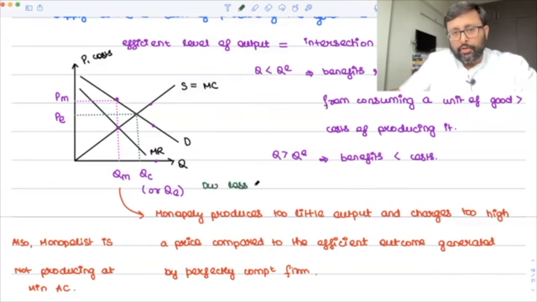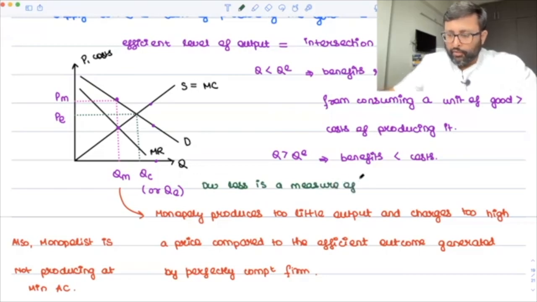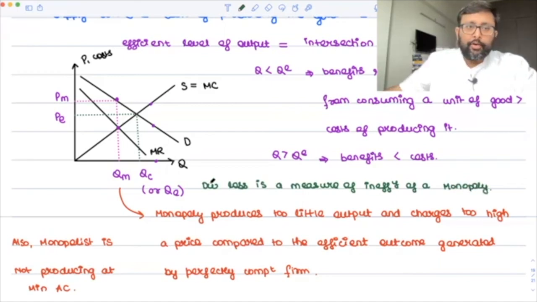Deadweight loss is a measure of inefficiency of a monopoly, right?